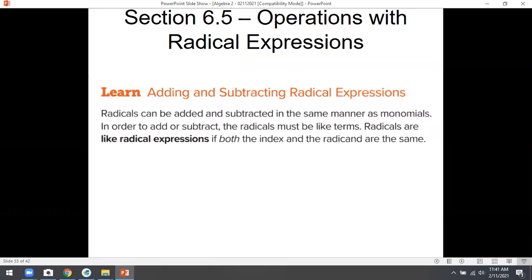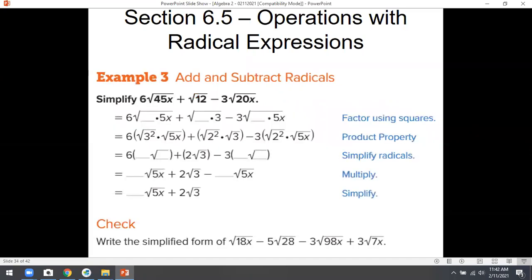Now, the next topic is adding and subtracting these things, and there really isn't much to say about this. There are no formal notes. Let's just look at an example because you got to see it done. Write this example down. If there is one note for you, it would be to simplify every root by itself and hope they have a like term in common so you can add and subtract things.